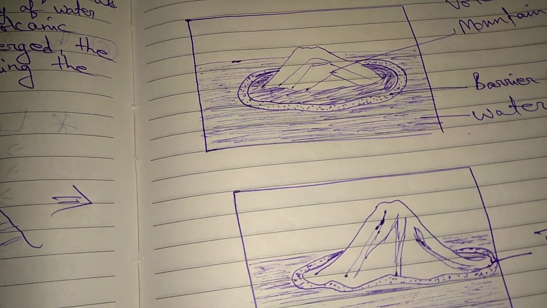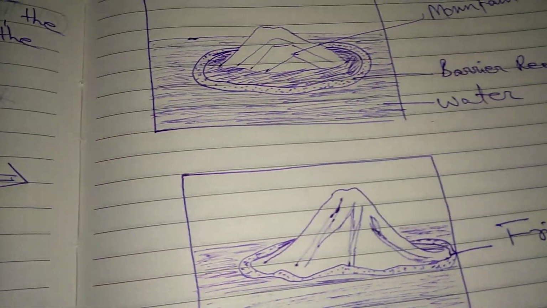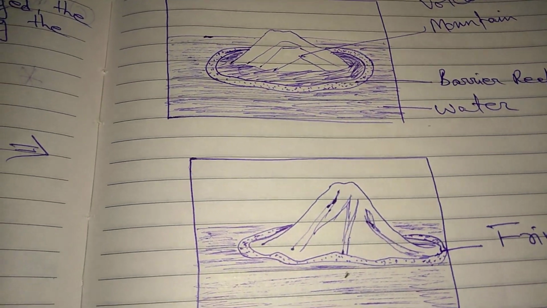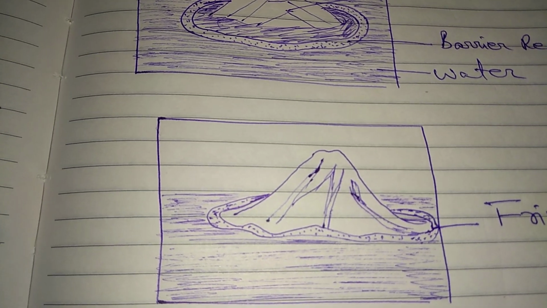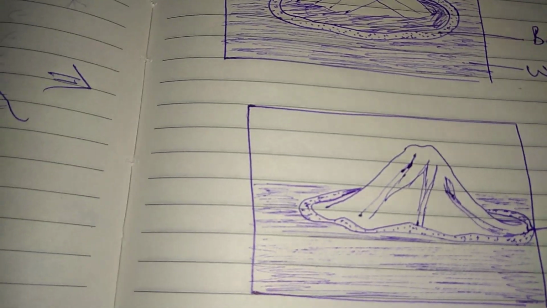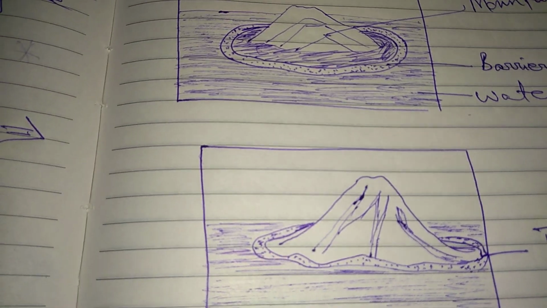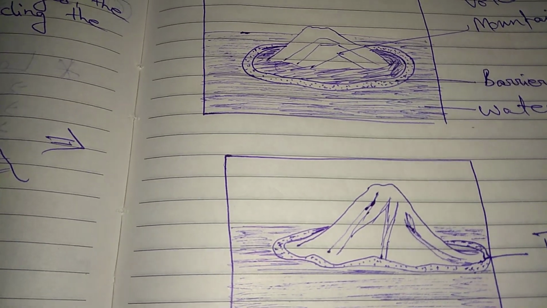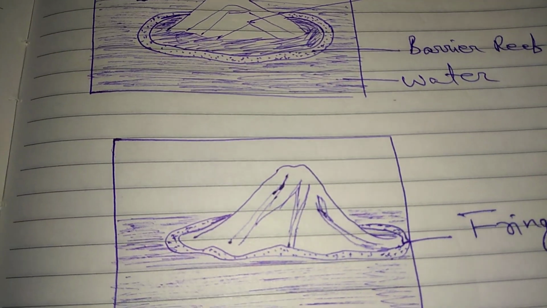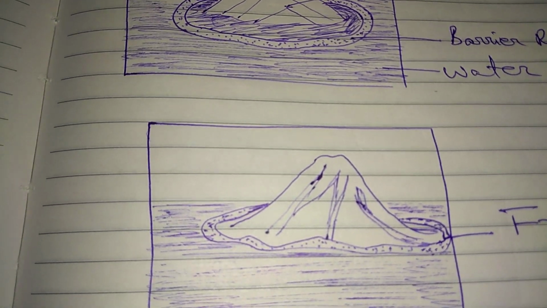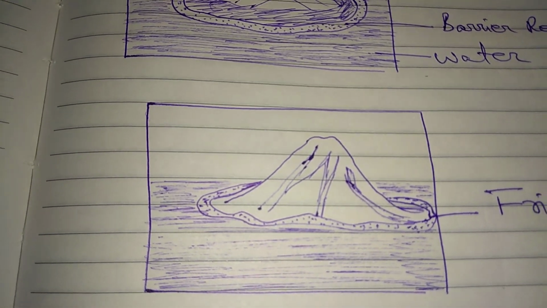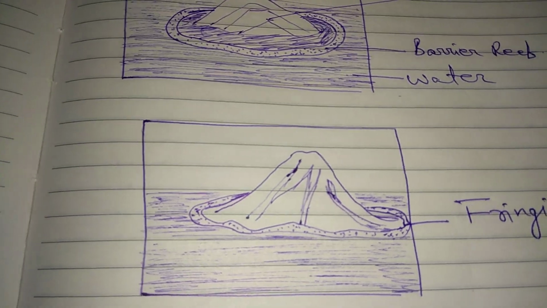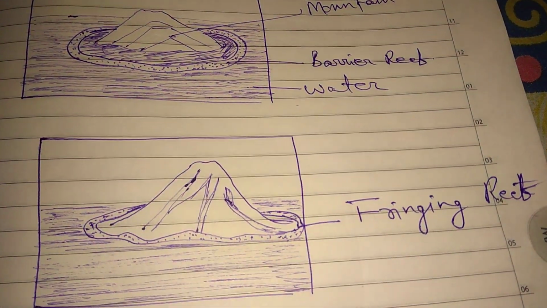Actually, when a volcanic island is gradually sinking into the bottom of the ocean, it is named differently at different stages. When a volcanic mountain starts sinking, the first part of this sinking is called fringing reef.